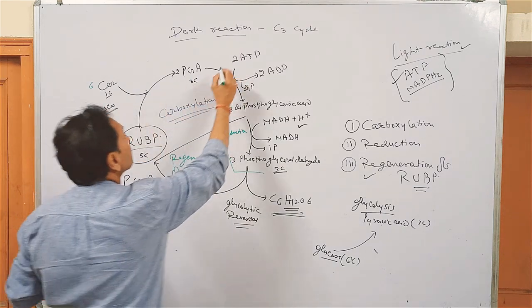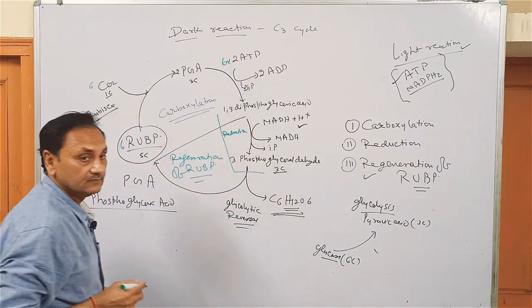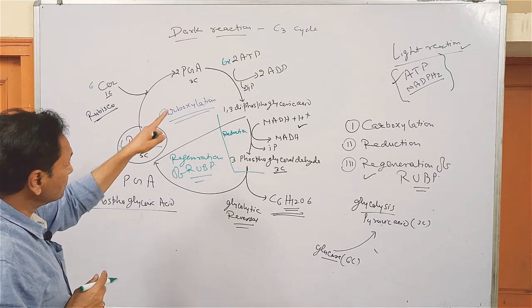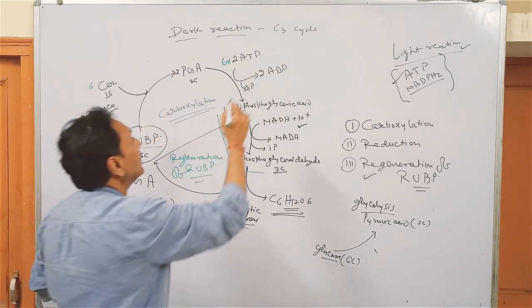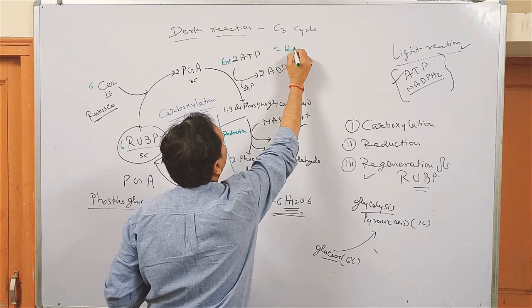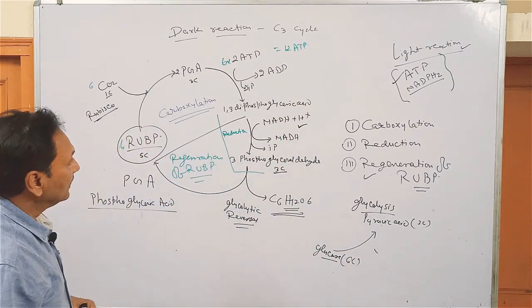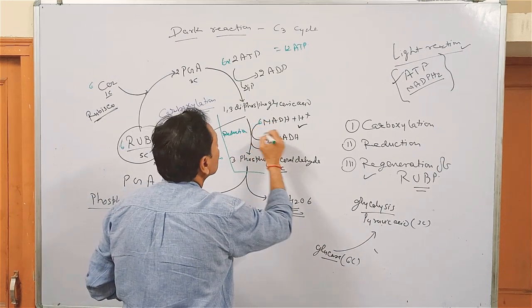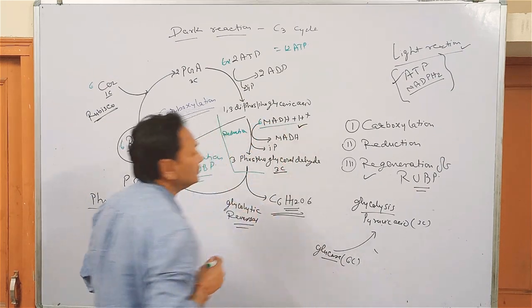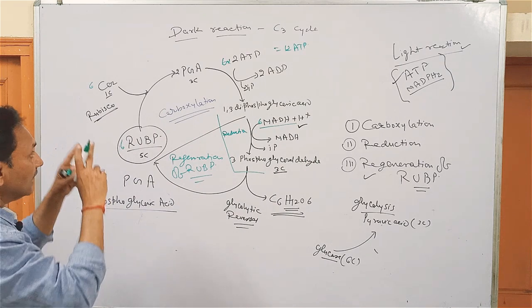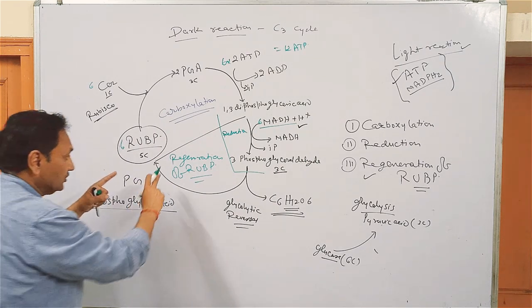And for 6 molecules, it means into 6, 12 molecules of ATP are utilized, and 6 molecules of NADPH are also utilized.